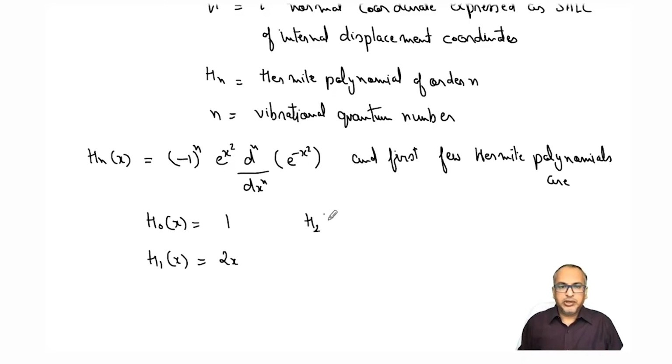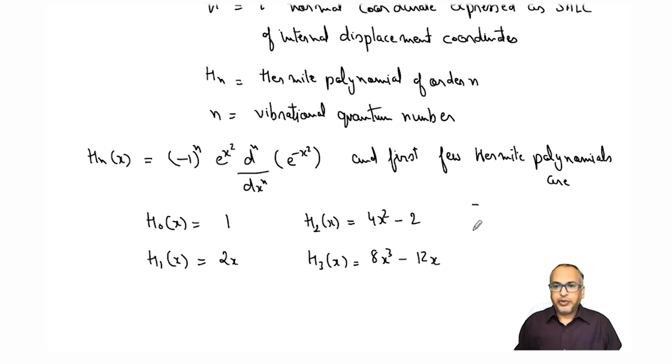Then H2 of x is 4x square minus 2, H3 of x is 8x cube minus 12x. Okay, so if you see, there is a trend. It is even for even values of n, right?